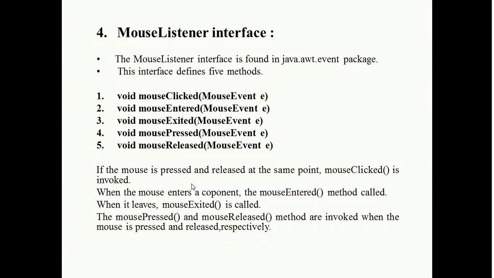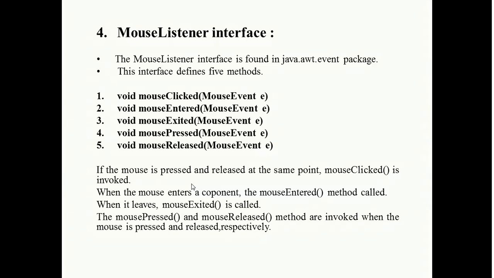Means when you press the mouse button, that time mousePressed is invoked, and when you release the mouse button, that time mouseReleased is invoked. So in the mouse listener interface, there are 5 important methods. These methods are used in the program.